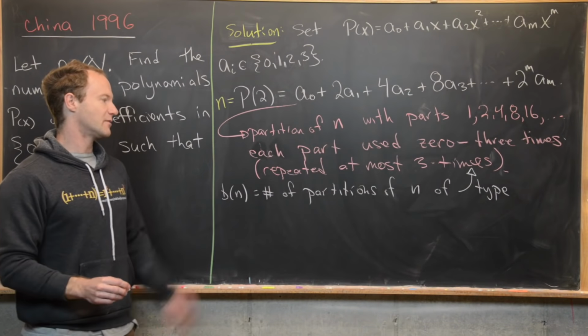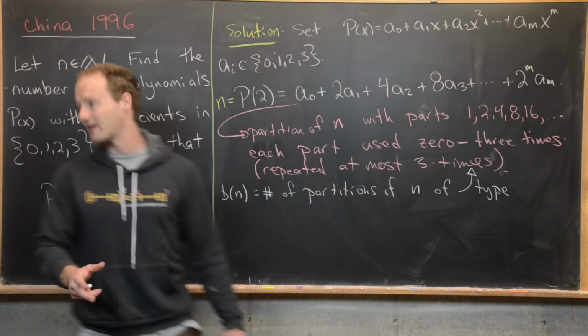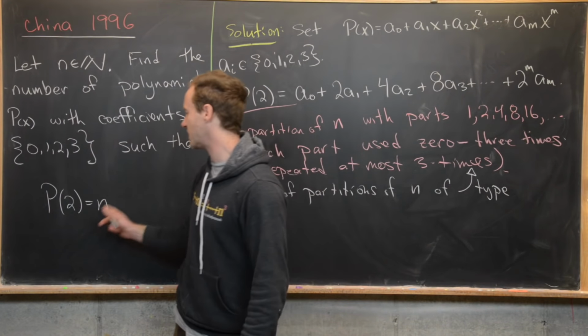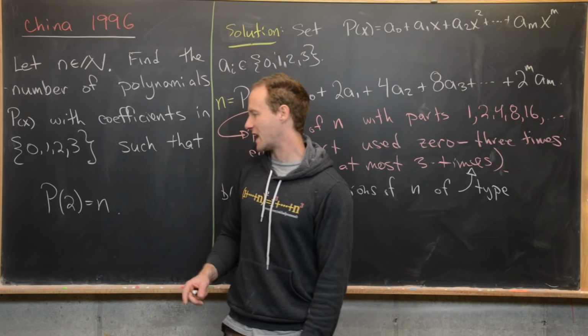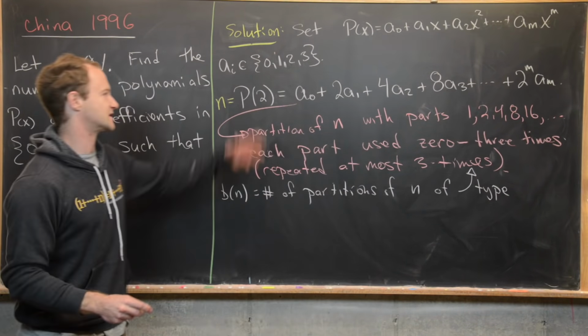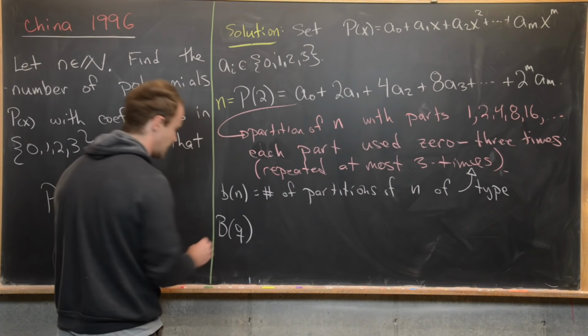But notice that the number of partitions of n of this pink sentence type is exactly equal to the number of polynomials that evaluate at 2 to give us n. And that's from this argument that we just made. Okay, great. So now what I want to do is make a generating function. I'll call this capital B of q.